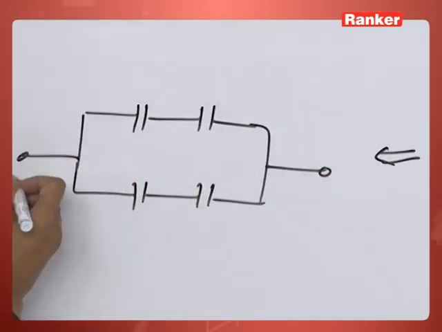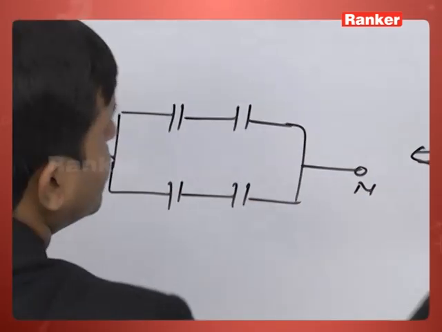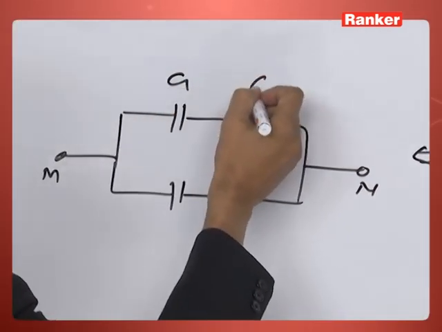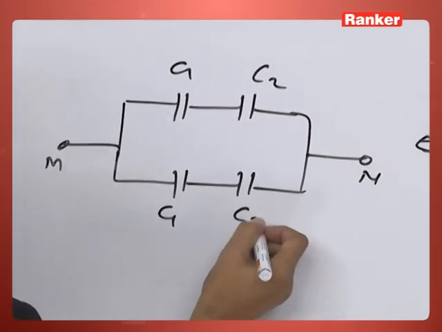So here between M and N, this has your C1, this is your C2, this again C1, this is C3.